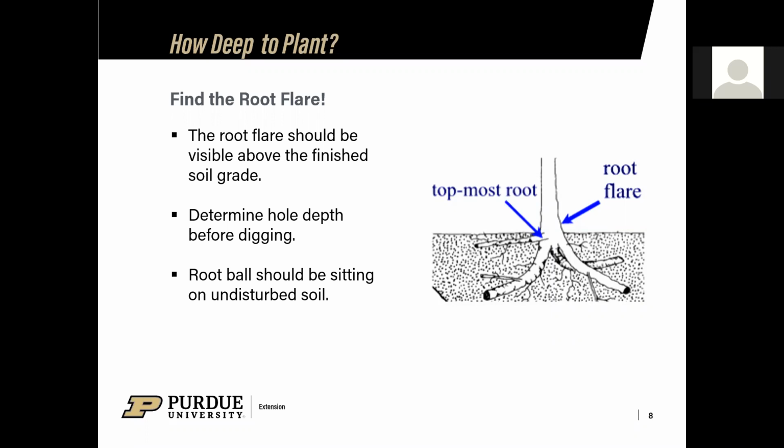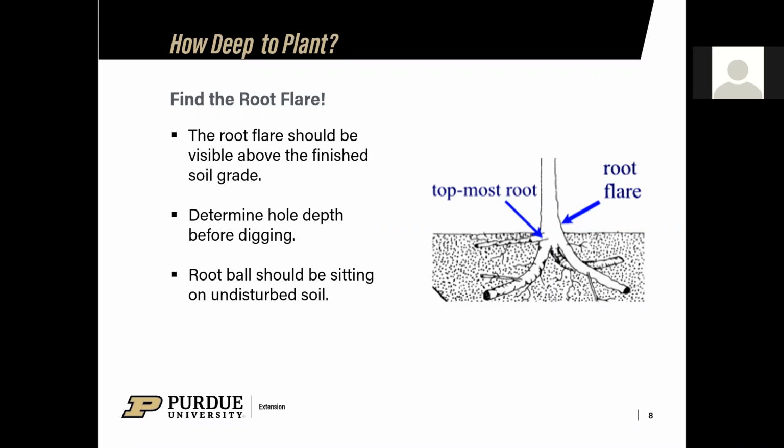So make sure you look for that root flare and get it at the right level that it was growing before. A lot of times you can see a coloration change in that trunk where the soil was up against that trunk before, especially with bare root plants. It's real easy to see where that soil line was.